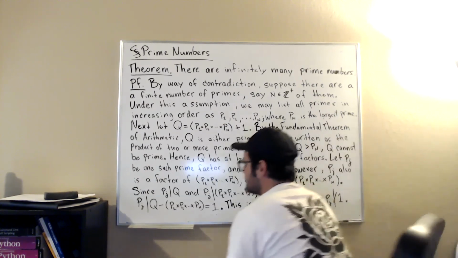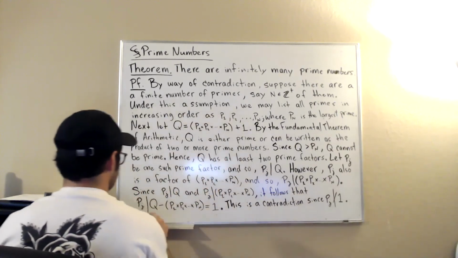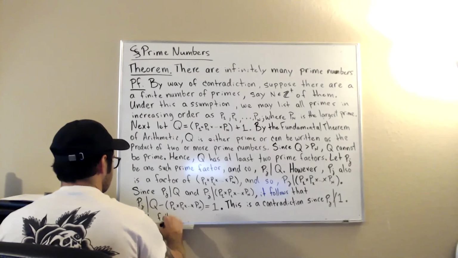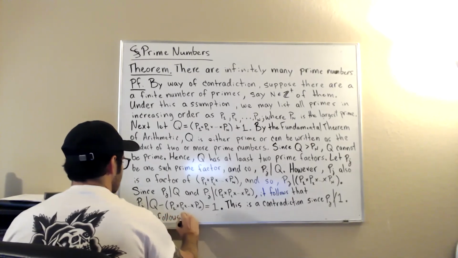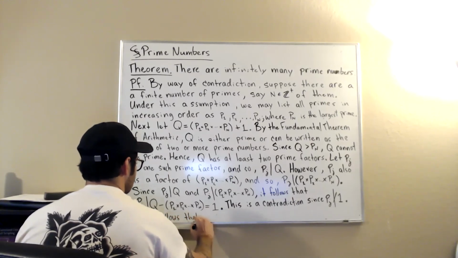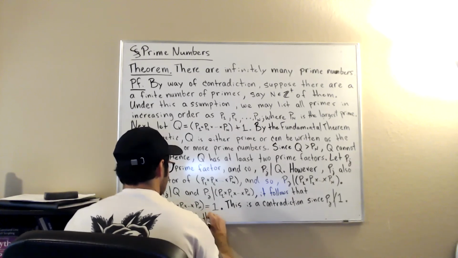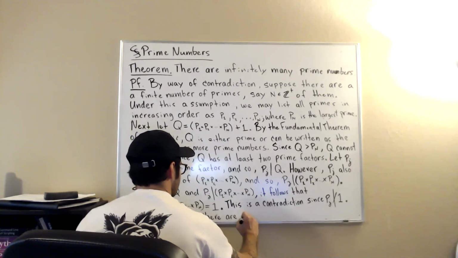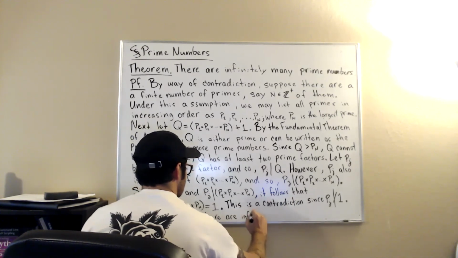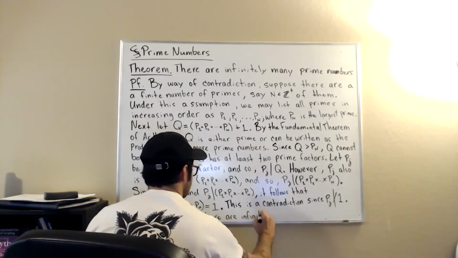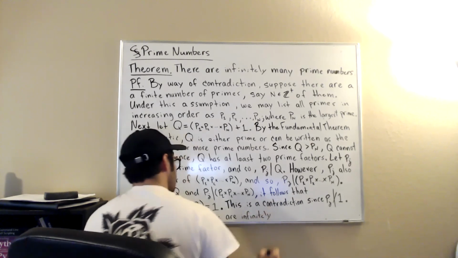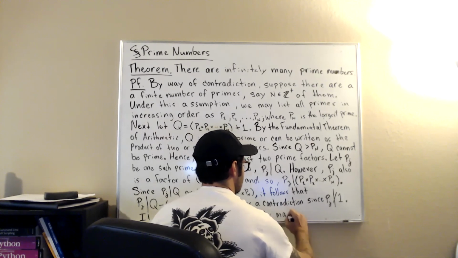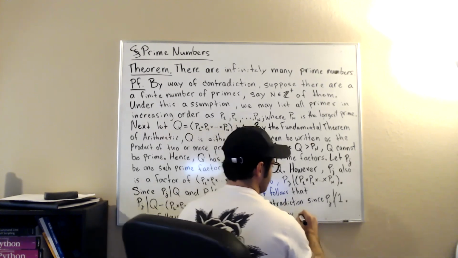So I guess I'll just finish it off. So it follows that there are infinitely many prime numbers.